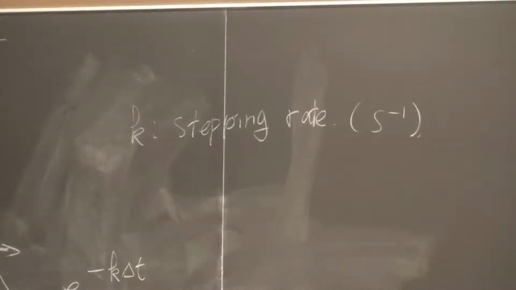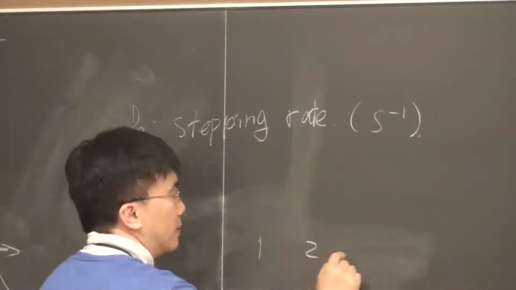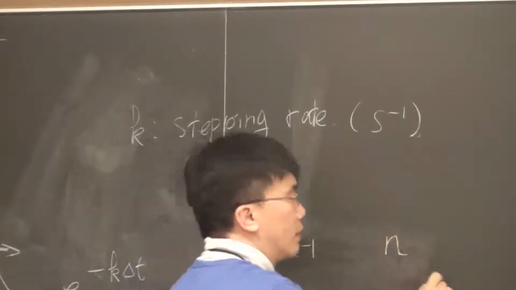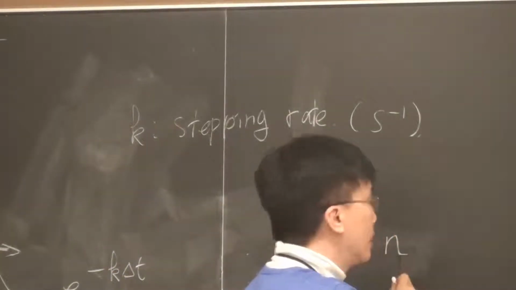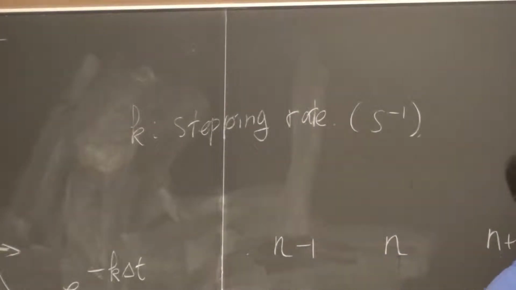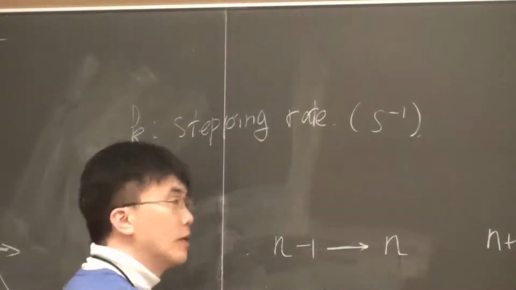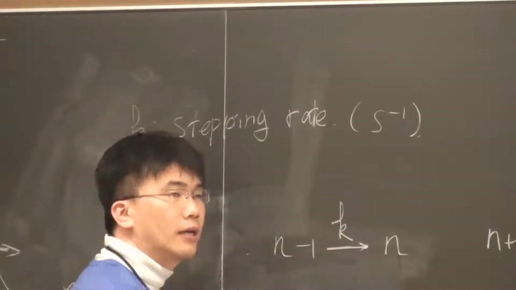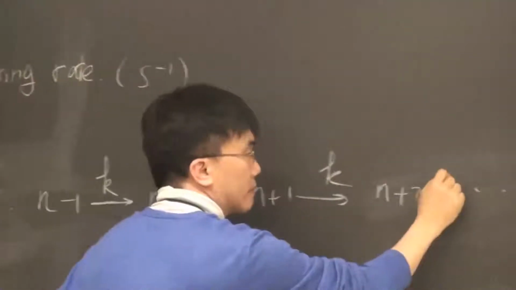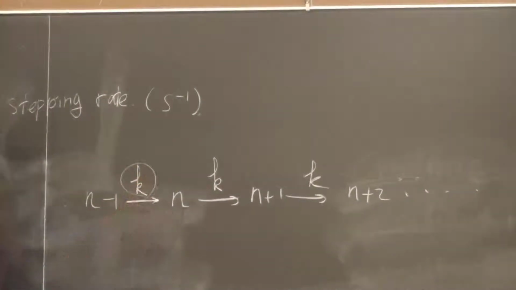So if you want to think of it this way, let's say this is the x direction, and you have lattice locations n-1, the nth position, n+1, n+2, and so on. So you can take the step transition here. That step occurs with the rate of k. This one takes the same, and so on. And each step is stochastic.